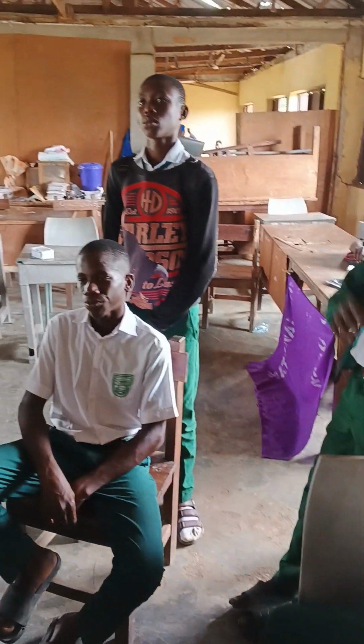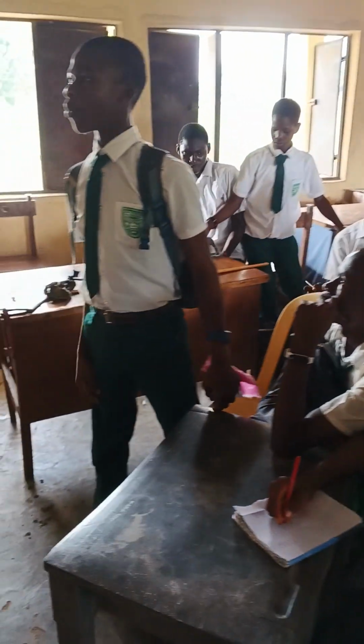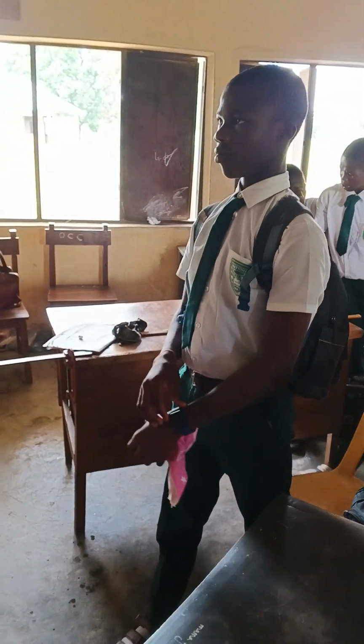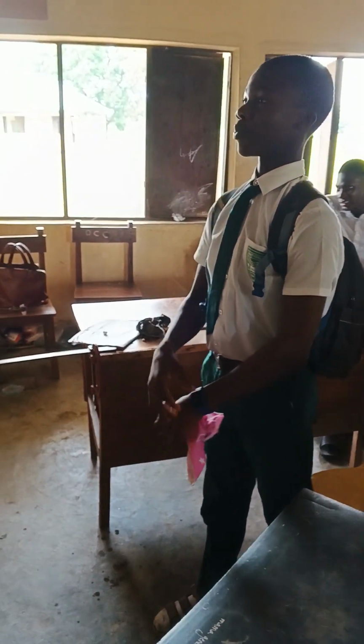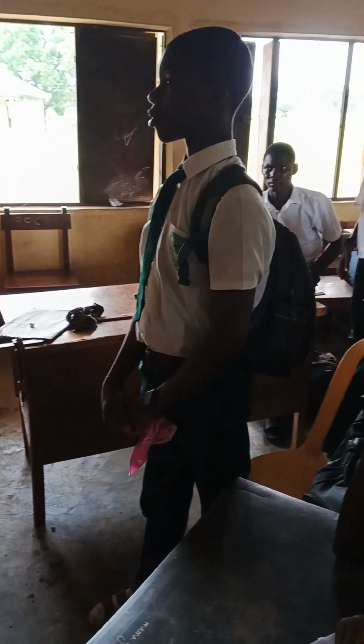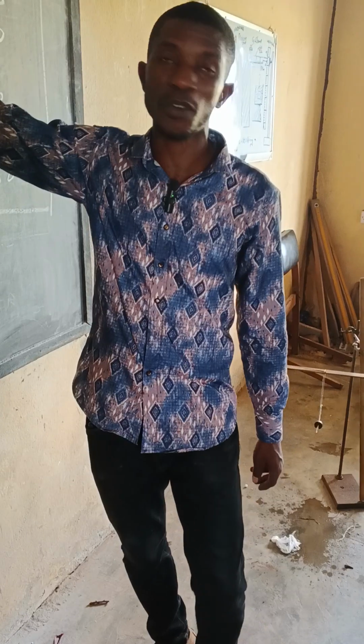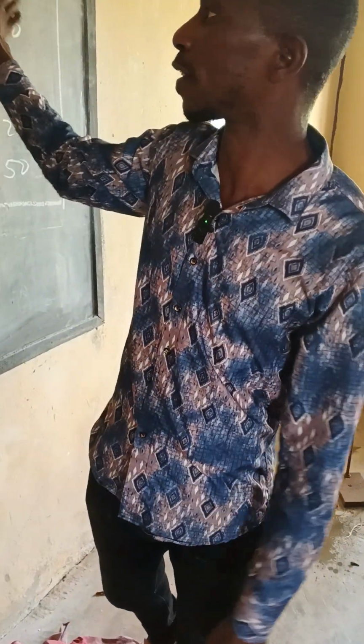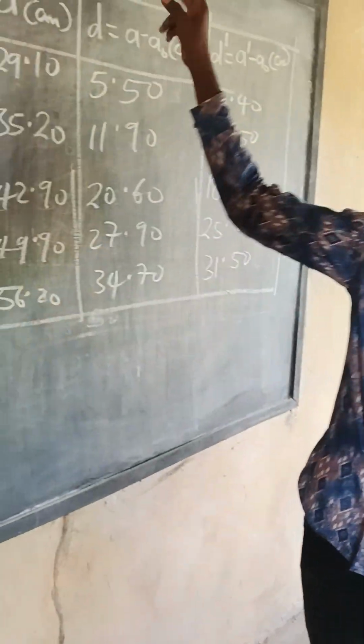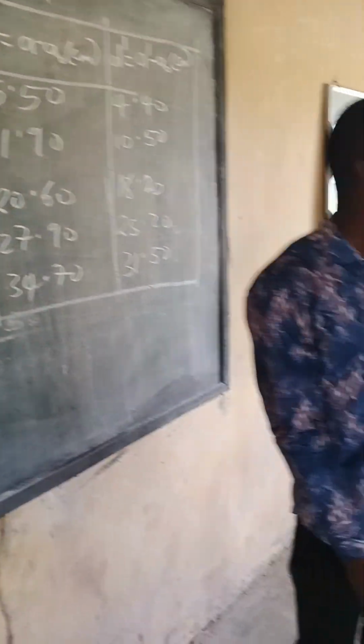So that is the table. But as we don't have time, 29.1 minus 24.7 gives us this, and all these values here minus this will give us all these values.